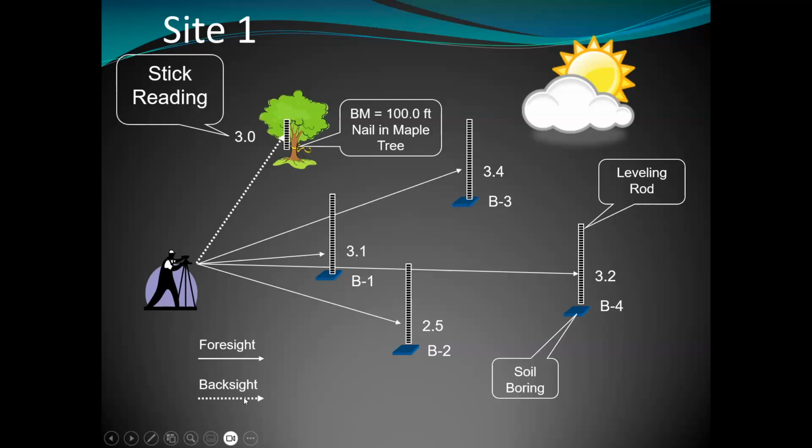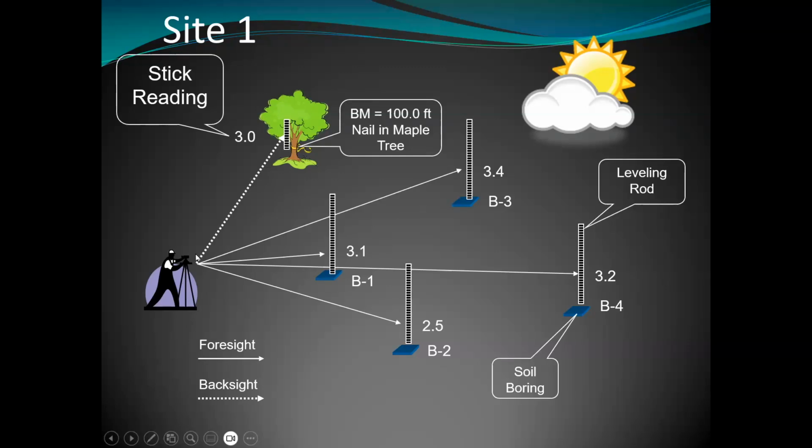So a back site is always back to the benchmark. So think benchmark starts with B, back site is to the benchmark. You match those up. So what we're doing is we're reading here wherever our instrument is set at, typically a laser level. If we know that whatever that nail in the maple tree is at 100 foot, but I'm reading 3 foot on the stick, what does that really mean?